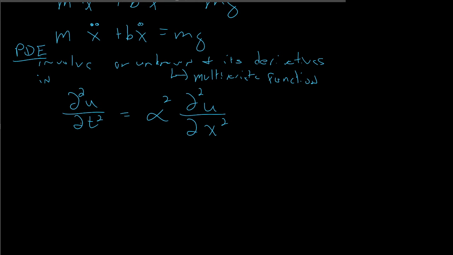And so how a function changes in time is equal to some squared function with how it changes in position. And this usually tells you the speed of sound in the medium of the wave equation. This is the wave equation, and it shows us waves.